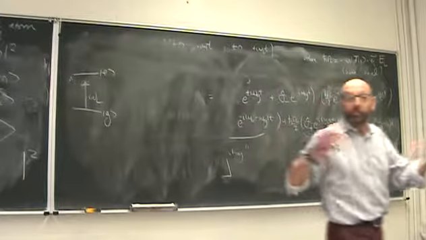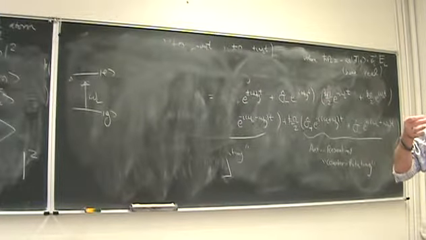And in the rotating wave approximation, we always have Rabi oscillations, right?